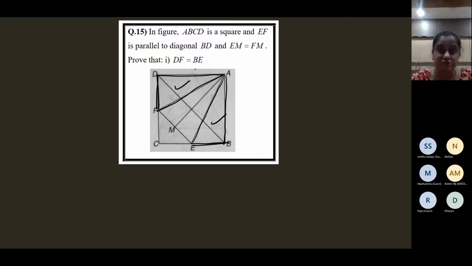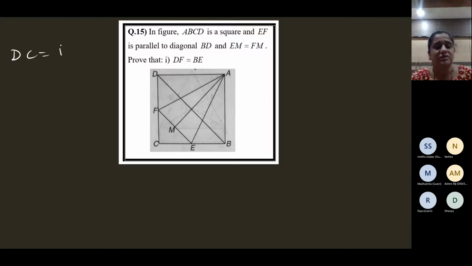If we have sufficient information that caters to a particular congruence criterion, then you can prove it that way. So you think about that. Now we already know that DC is equal to BC, because in a square all the sides are equal. We're going to prove that CF is equal to CE.